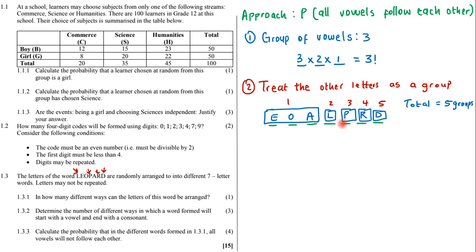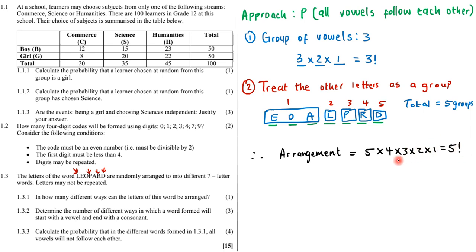So now when we're arranging these, we'll have an arrangement which will be 5 times 4 times 3 times 2 times 1, and that is 5 factorial.